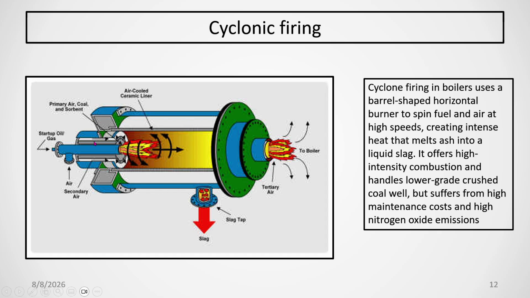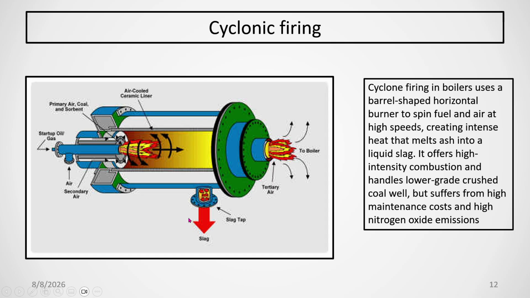Then cyclonic fire, you see the barrel types here. Fuel with air passes through the center, and then secondary air passes through the annular spaces. It will create a cyclonic motion of the flame, and then tertiary air is added outside the burner flame, inside the furnace.